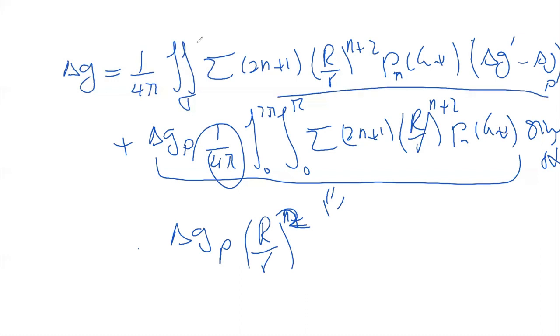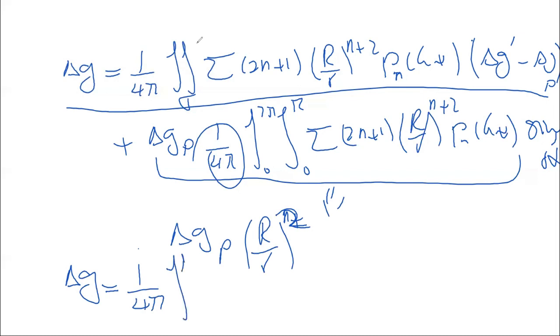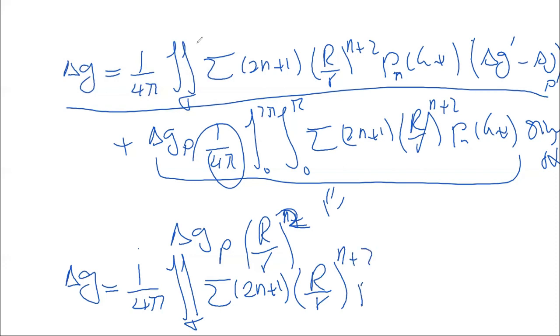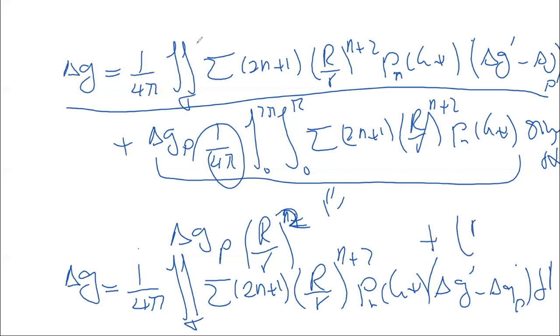So this equation can be simply written as delta G is 1 over 4 pi summation to n plus 1, r over n plus 2, pn cosine, dg minus dc gp, plus r over r2 delta gp.